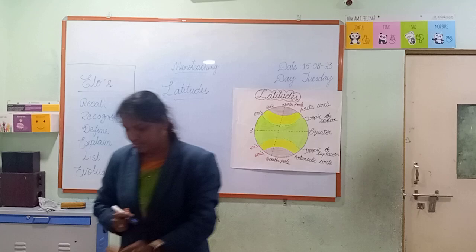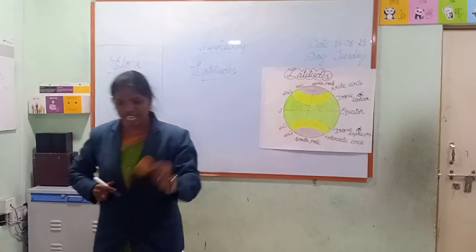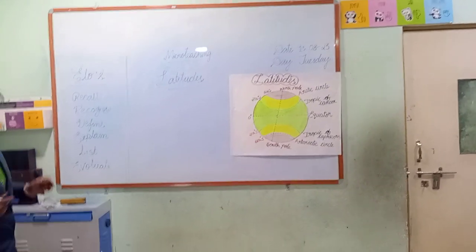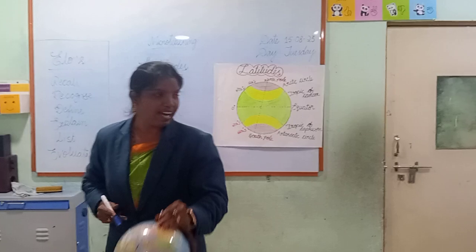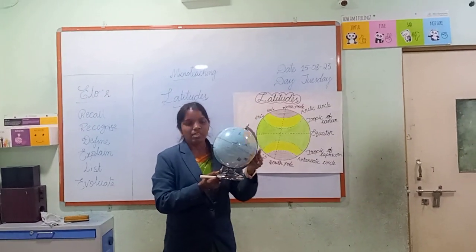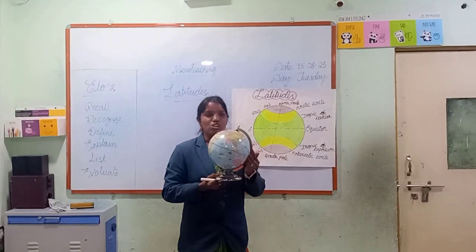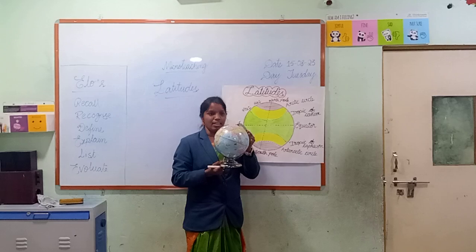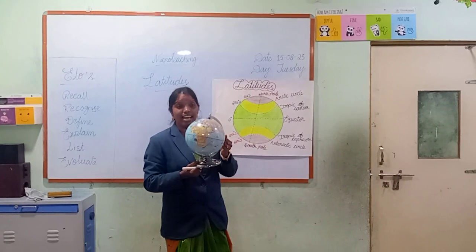So already we learned about this on the biscuit. There are some lines there. What is this one? This is the globe. The globe is the spherical model of the earth, right? Due to this spherical model, it is very difficult to find out the places at the same time.